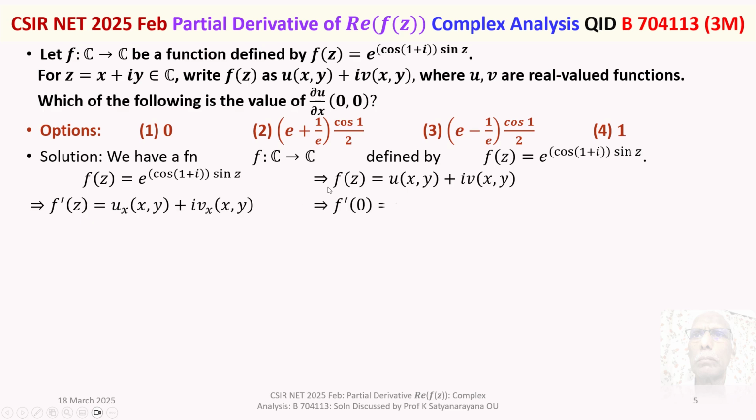Now differentiating with respect to z, then f prime z is equal to partial derivative of u with respect to x at (x,y) plus i times the partial derivative of v with respect to x at (x,y). We have learned this when we are talking about differentiability of the complex function.